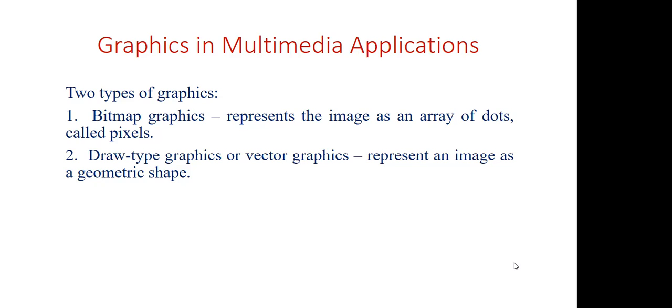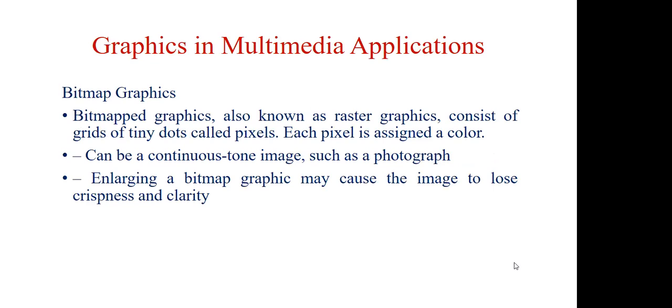When you see the screen of a mobile or of a laptop minutely, you find a square dot there, a very minute dot. That is called pixel. Now draw type graphics or vector graphics represents an image as a geometric shape. So there are two kinds of graphics basically.